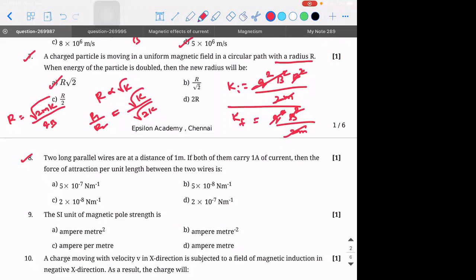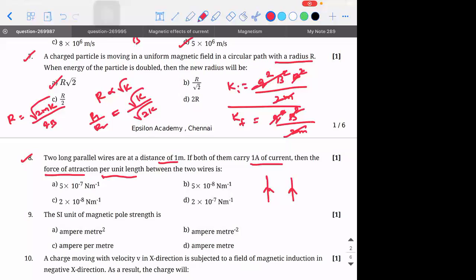The 8th one. Two long parallel wires are at a distance of 1 meter. If both of them carry a current of 1 ampere, then the force of attraction means the current is flowing in the same direction.